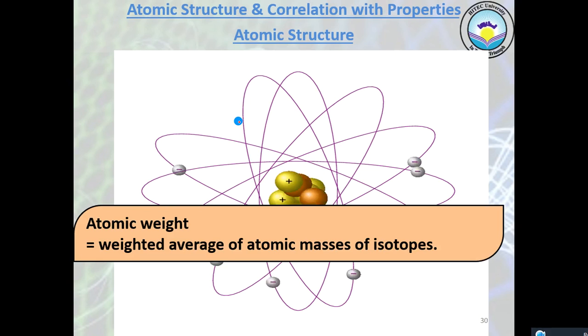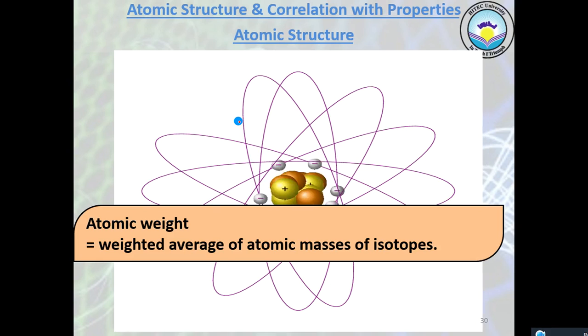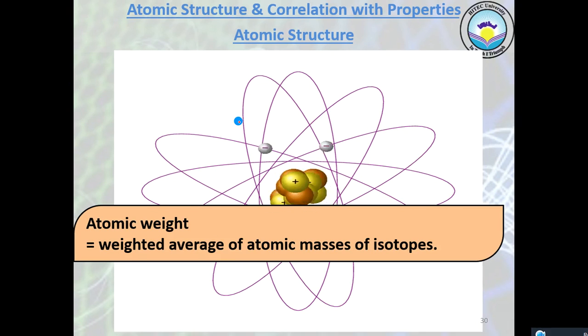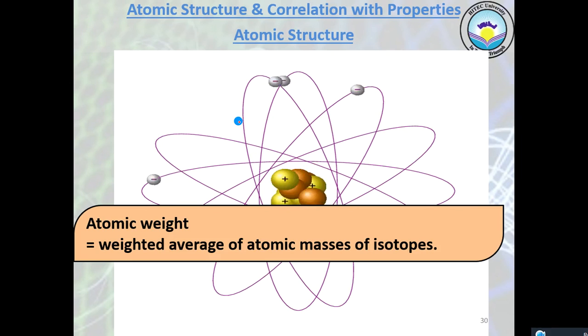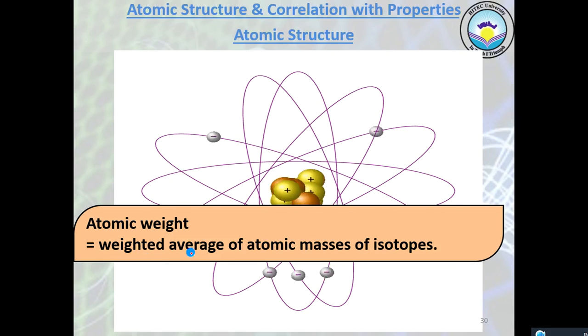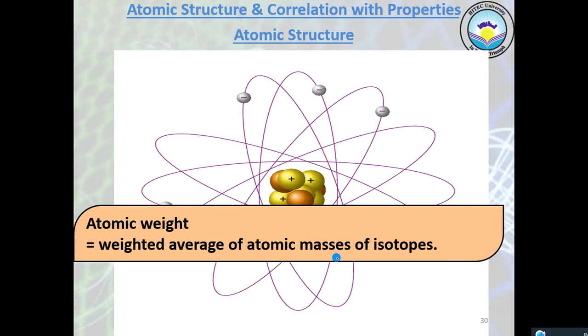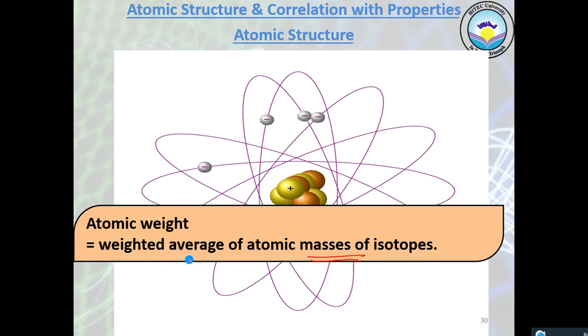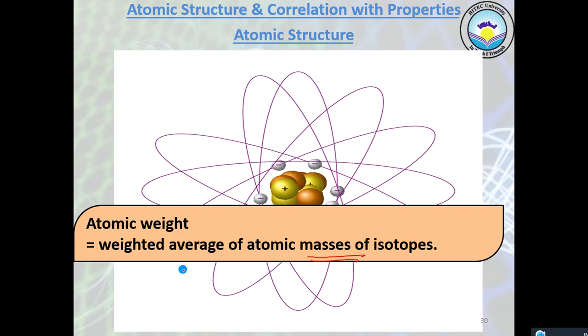Sometimes we say that this is an isotope of carbon. So isotopes are atoms having the same protons but different neutrons, as explained previously. What is atomic weight? Atomic weight is the weighted average of atomic masses of the isotopes. It is also defined relative to the atomic mass unit of the carbon atom.